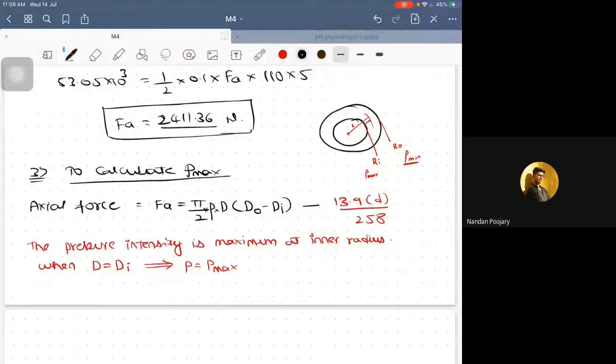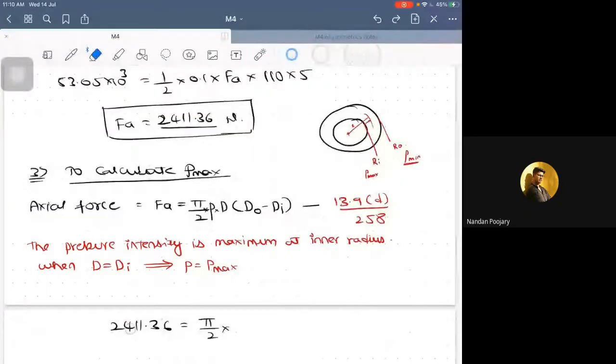Okay, now from this, it is 2411.36. That is equal to pi by 2 cross P value is 4. No. P value we have to calculate. Okay. So before that, I will just write the equation so that you will not get confused. So Fa is equal to pi by 2 P D into D naught minus Di. So when D is equal to Di, P will turn into Pmax. Now we substitute it.